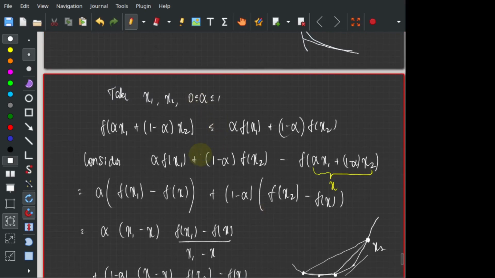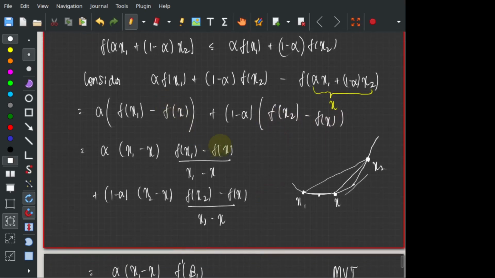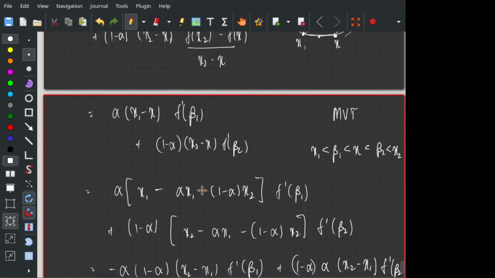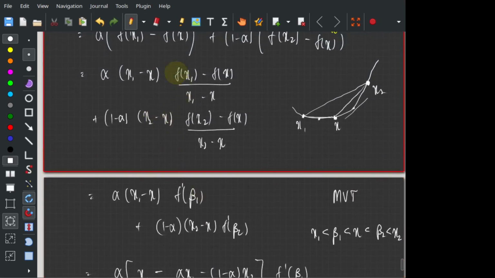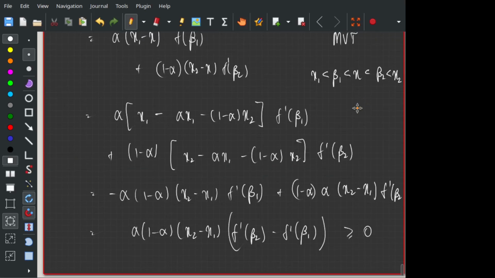In other words, we split this particular term into two parts, alpha times this plus 1 minus alpha times this. And using the mean value theorem, we showed that overall the quantity was greater than or equal to 0. So effectively, we replaced these terms by two different terms in terms of the derivative of f at two distinct points. Correct? And therefore, the function is convex.